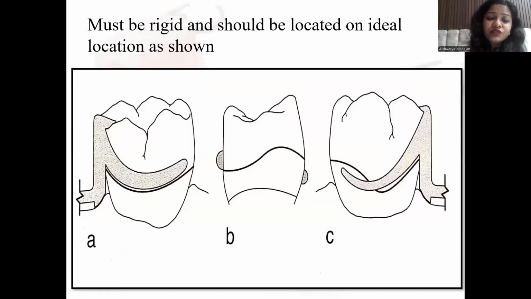But it must be rigid and should be located in an ideal location. As we can appreciate here, this is the reciprocal arm, which is above the height of contour of the tooth, and this is the retentive arm, where only the retentive terminal engages the undercut.